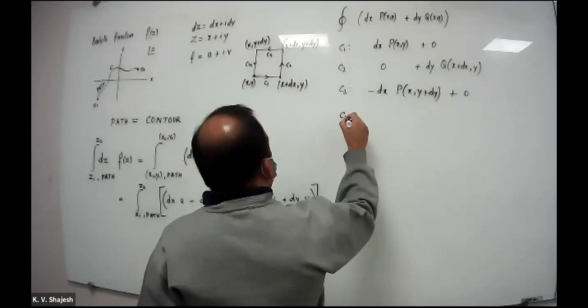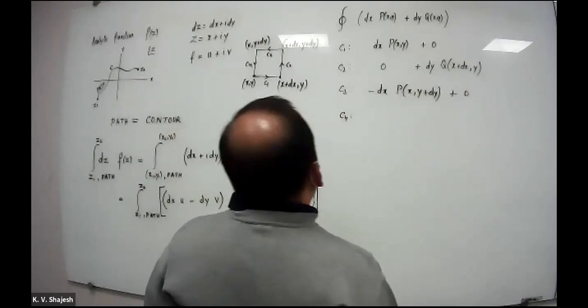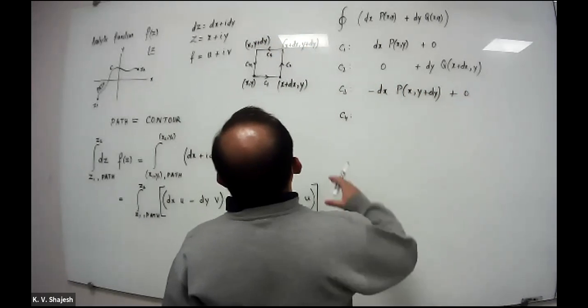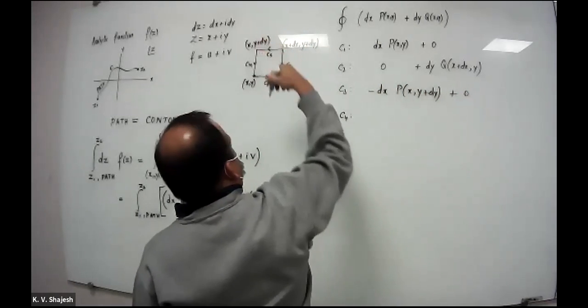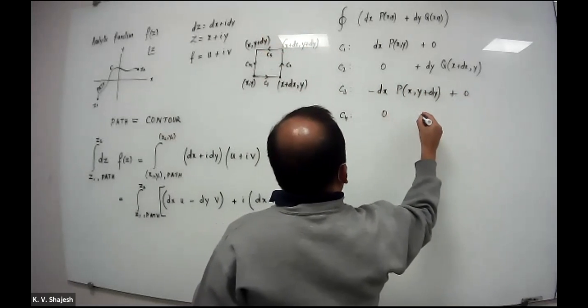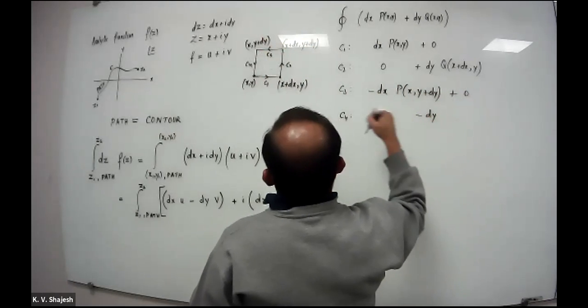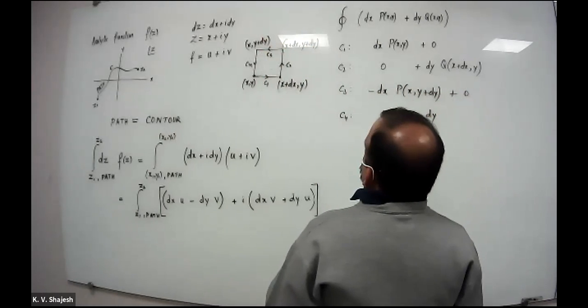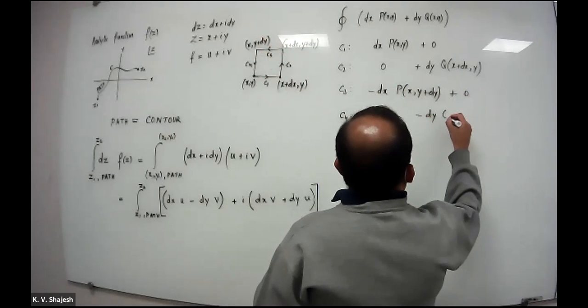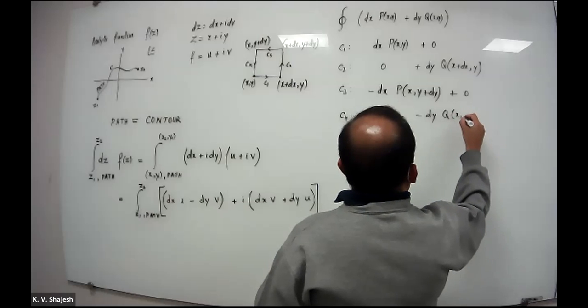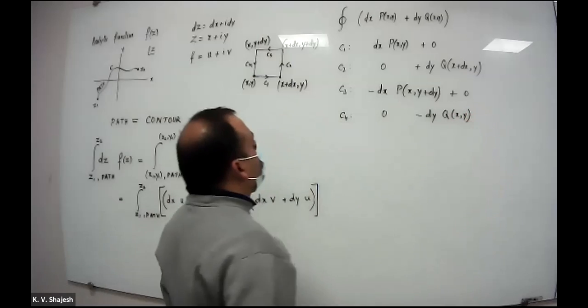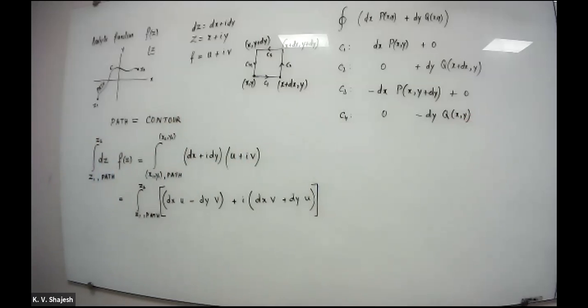And C4 is equal to minus dy, so that's 0 minus dy, and evaluated at q of xy.